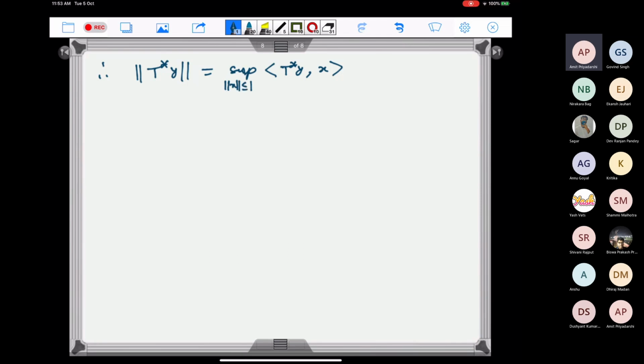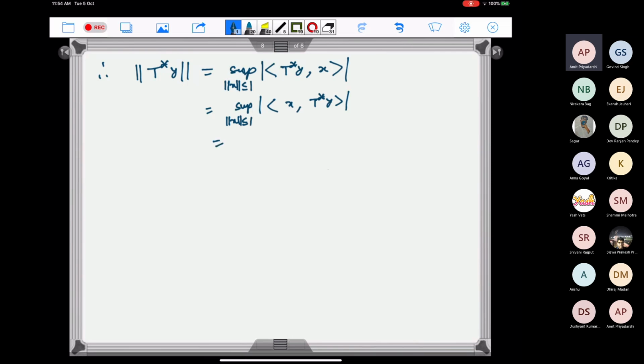So this is norm of T star of y is supremum of mod of this inner product, and this we can write as supremum of, so this is also x with T star y, right? So this mod is same as x with T star of y, norm x less than equal to 1.